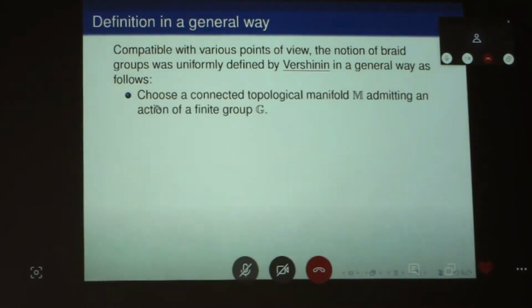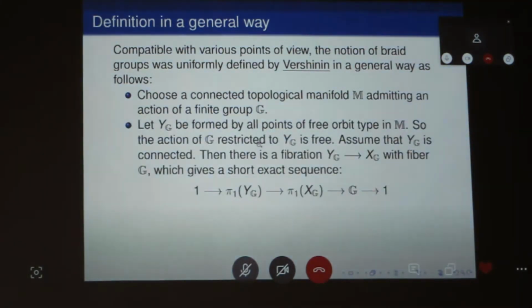First choose a connected topological manifold with an action of a finite group, and then consider all the points of free orbit type. That means you remove the points of non-free orbit type.